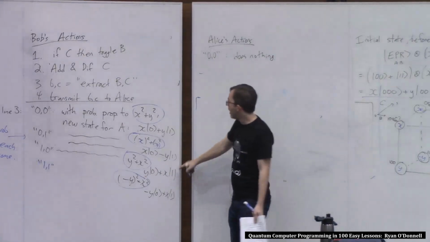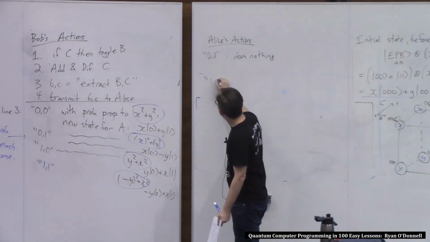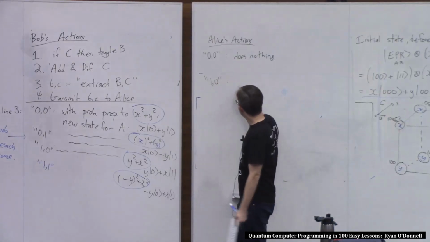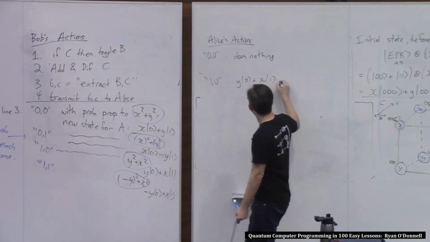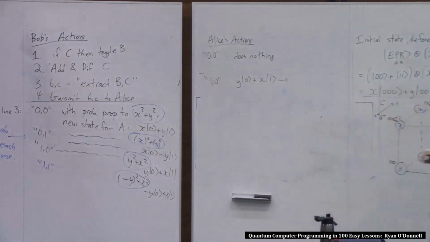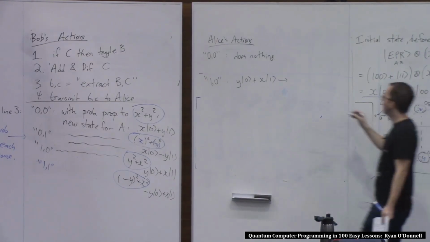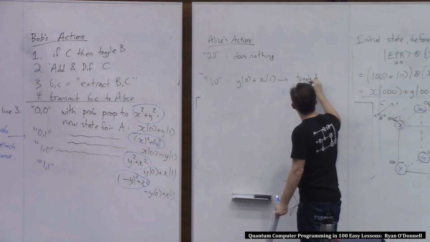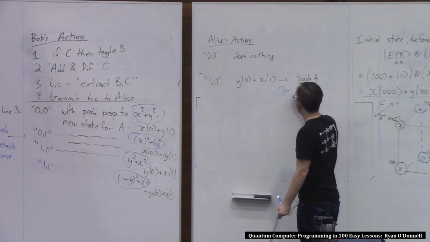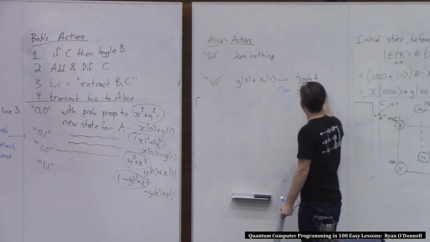Let's do this third one next. If she sees 1, 0, that's when the state she's now holding has y amplitude on 0 and x amplitude on 1. What should she do? She should do a 1-qubit unitary. Which one? Toggle, yeah. She could just do toggle A. And that switches it to x on 0 plus y on 1.